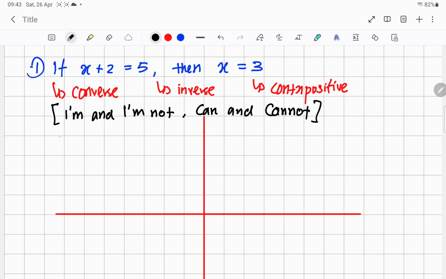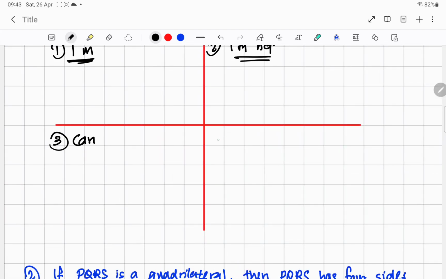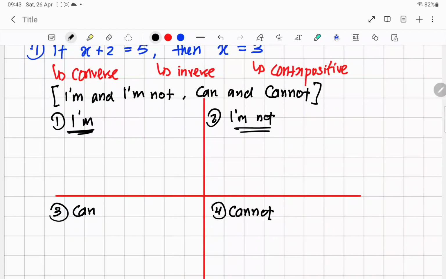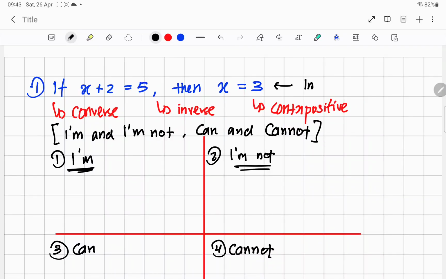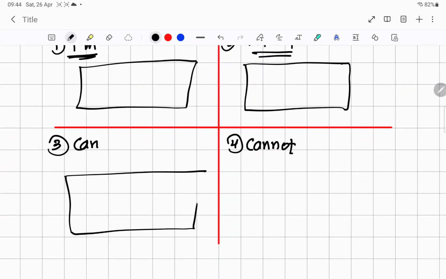The first one is I am, the second is I am not, the third is can, and the last one is cannot. So this is the implication given here. Each cell must have one answer, one statement you need to give.